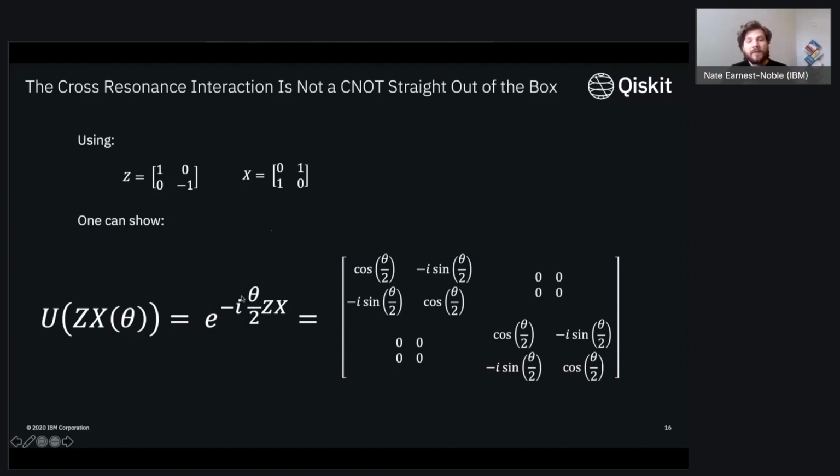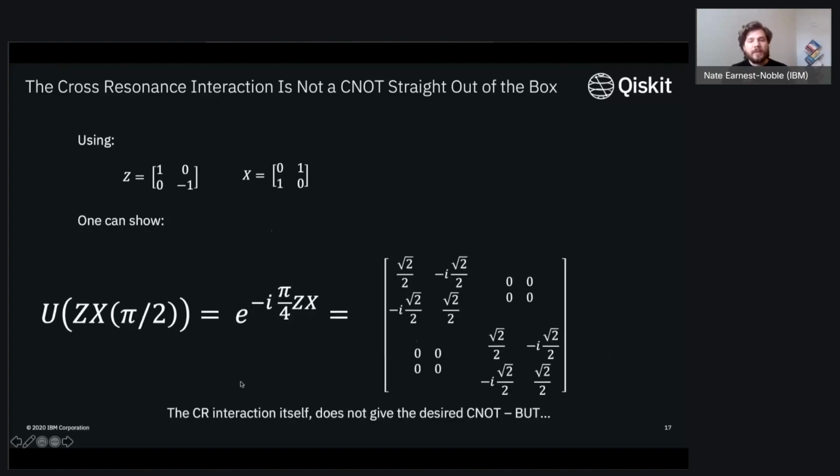Where this angle theta corresponds to how long of a cross-resonance pulse you're using, or to what the amplitude of this pulse is. Basically, this theta will be the area under the curve of the pulse that you are imparting. So now, for the sake of argument, let's take this angle of pi over 2, and then now we get this matrix here.